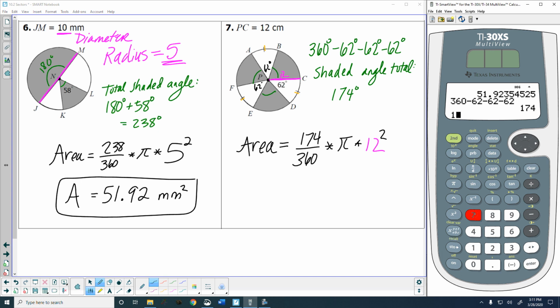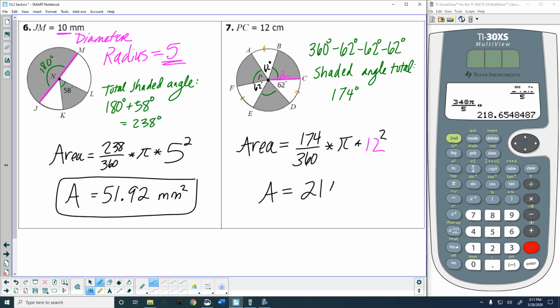So in the calculator, you will divide that, multiply it by pi times 12 squared. We get 218.65 centimeters squared. Okay, so that's it for our examples of this topic.